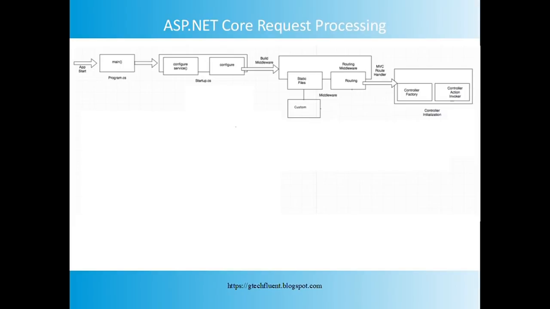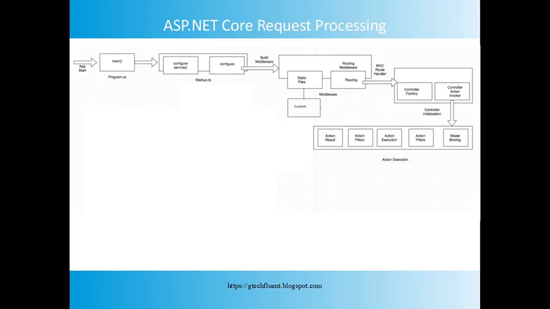The controller action invoker is a component which finds and selects the appropriate action method on that controller to process the request. Before the method is called, model binding takes place, which maps additional data to our HTTP request. After this, the action filter is called, which runs before or after the action.